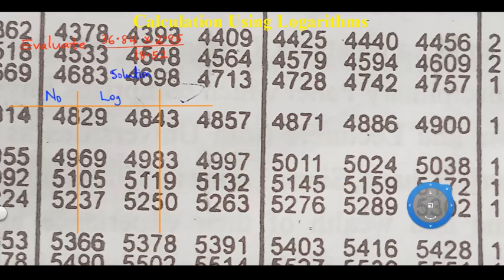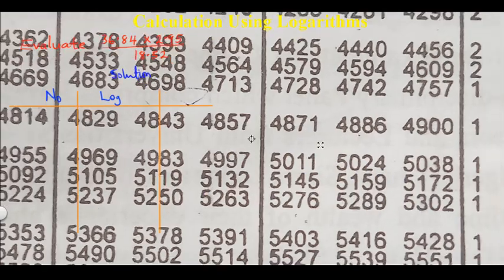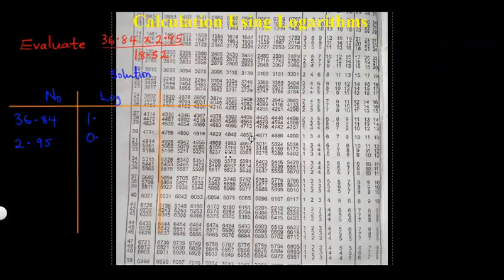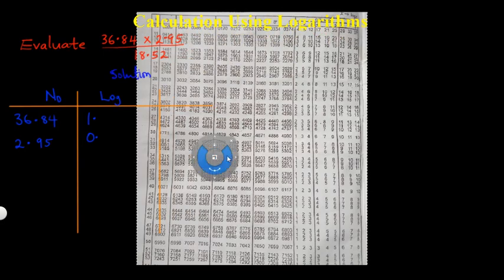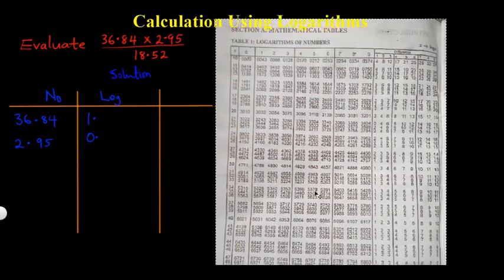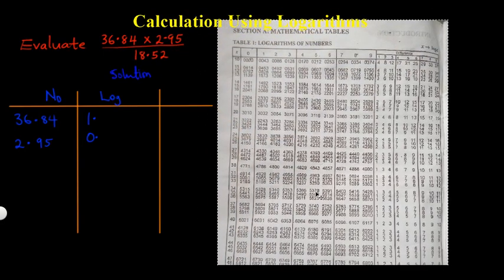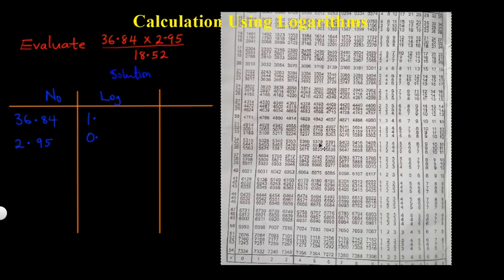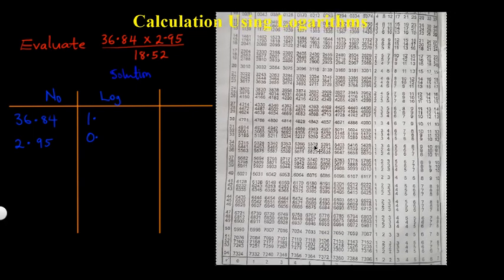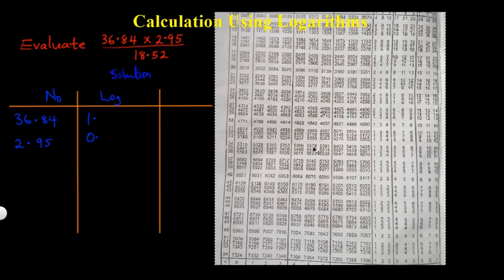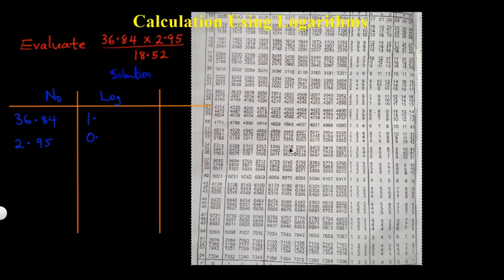Under your four-figure table, you check for the logarithm of 36. Log 36 under 8, that is 5658. Then difference 4. Difference 4 is 5.